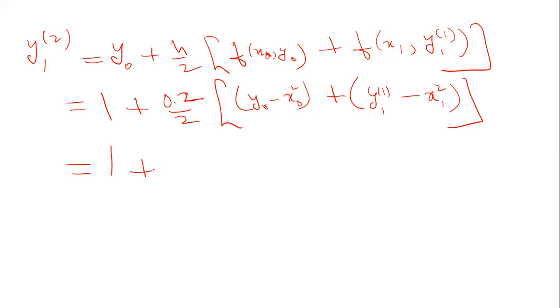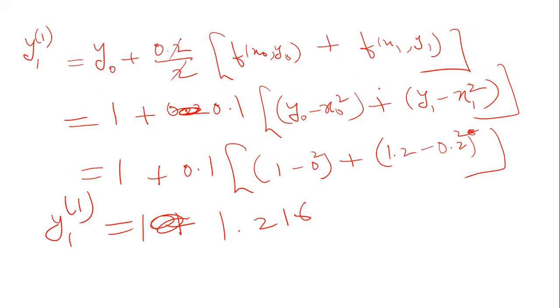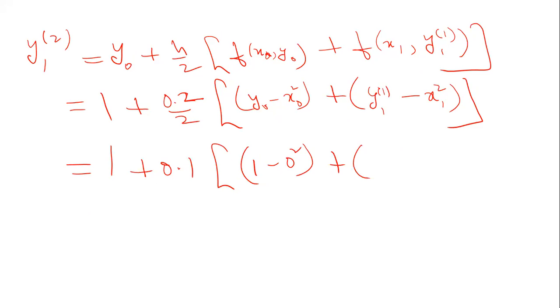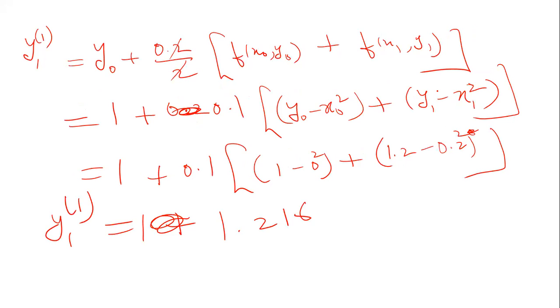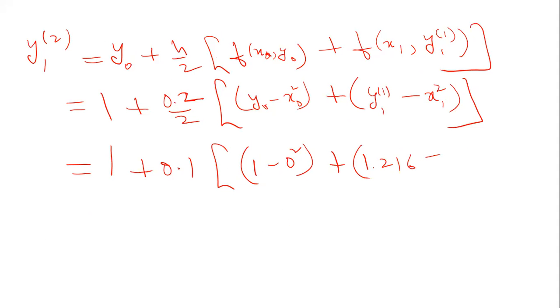So 1 plus 0.1, and y0 is 1, x0 is 0 squared, plus our y1 from the first iteration, 1.216, minus x1, which is 0.2, squared.